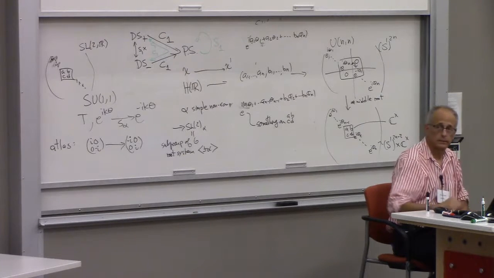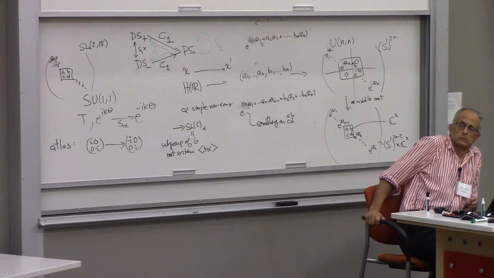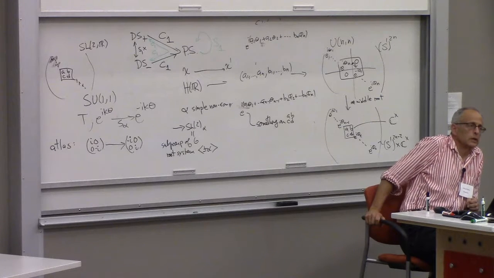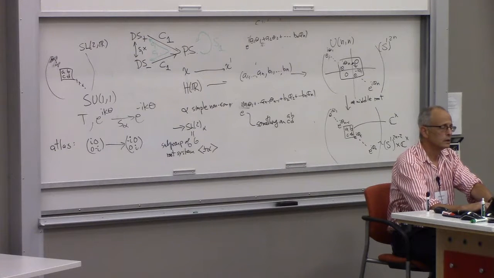So these are nearly human coordinates, but you have to think of the Hermitian form as signature plus, minus, plus.